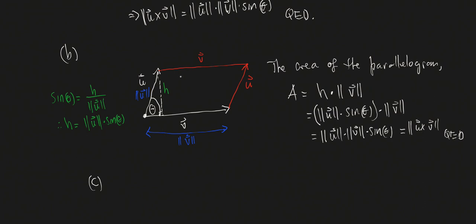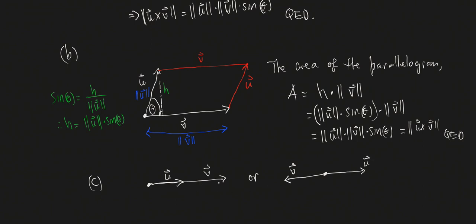Well, if you think about it, if U and V are parallel, then they either point in the exact same direction, so let's say that's V and U, or they point in the complete opposite direction, right? And so let's say that's V and that's U.